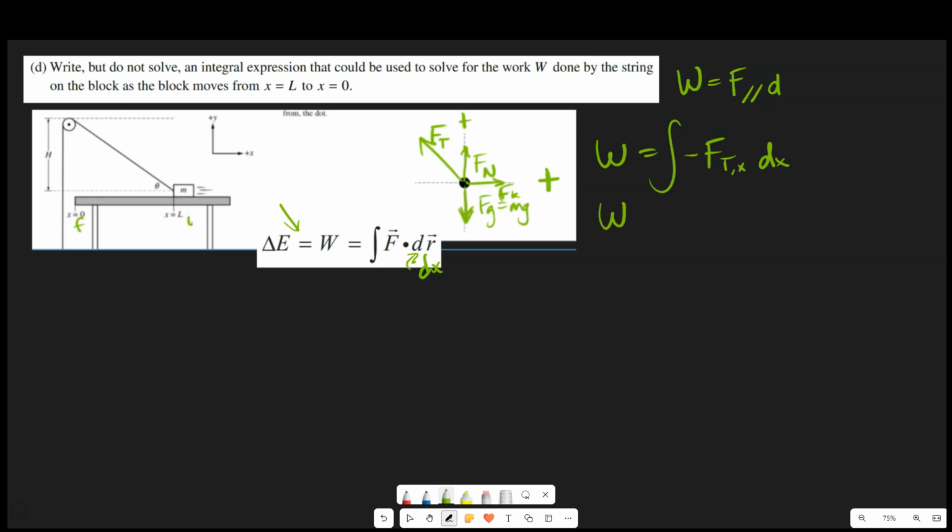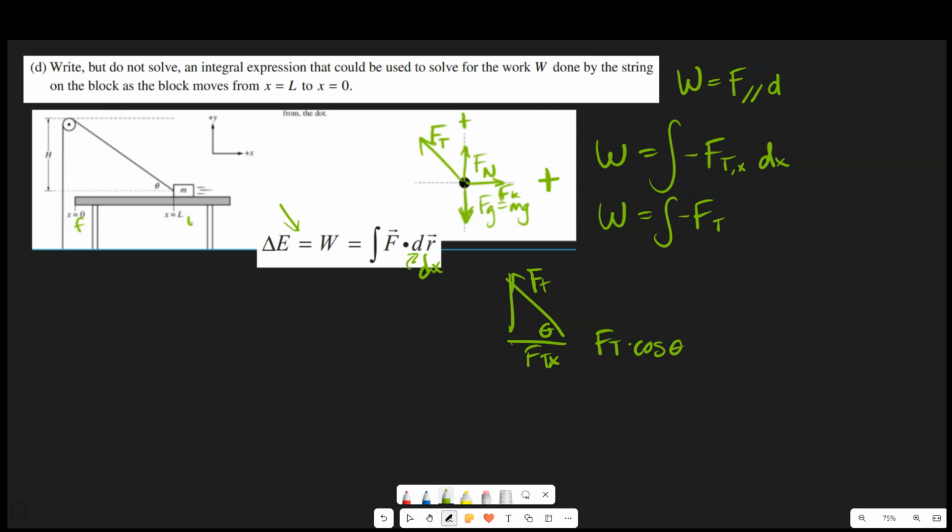Another way of writing that would be work is equal to the integral of negative F_T. And then we want to think about what the x component of that would be. Remember, we had F_T like this. So this is going to be F_Tx. And so you could say F_T times the cosine of theta is going to be F_Tx.